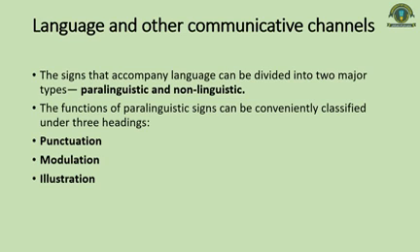As far as punctuation is concerned, these are the signs which have functions parallel to those of punctuation in written language, mainly to segment the stream of speech so as to facilitate the whole process.